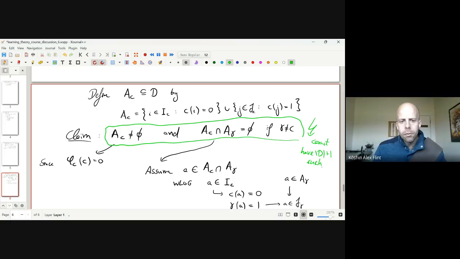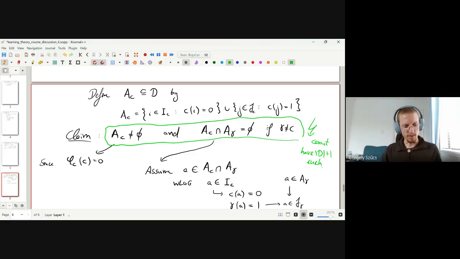And then what is the function C again? So C was for anything in our set C. So I guess both C and gamma are in C, and then this is a subset of X, which was 2 to the d.